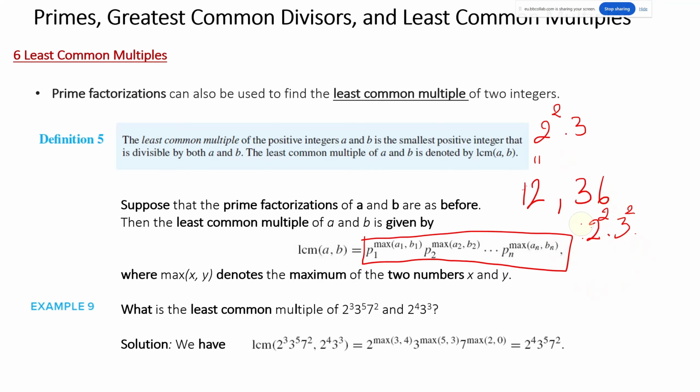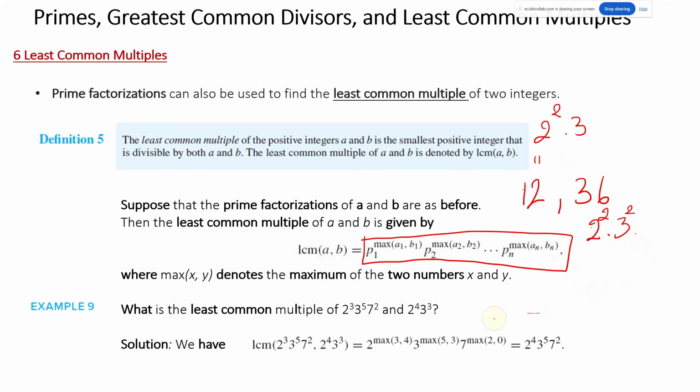So now, if I have this here, what the least common multiple of 12 and 36 is going to be: I have 2 in both cases. Okay, so what's the maximum of these two?